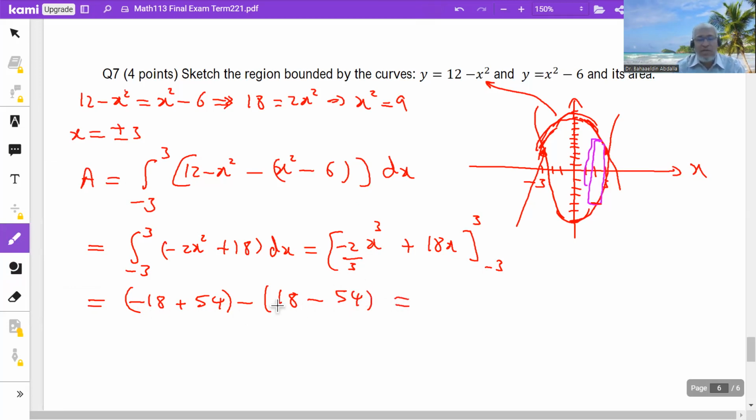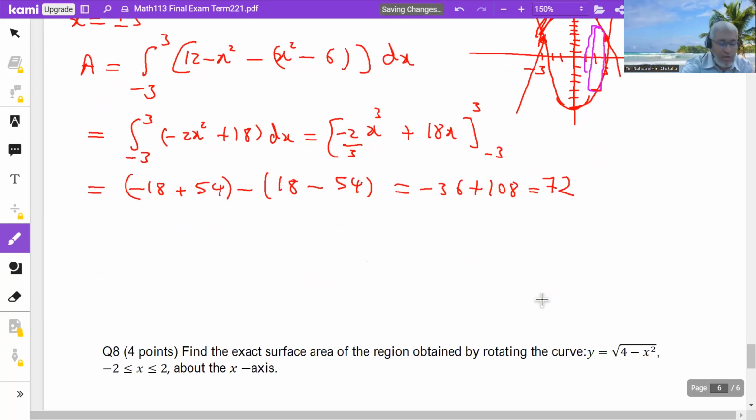So I'll have negative 18 minus 18, that's negative 36, and positive 54 plus 54, so I'll have 108, and the final answer would be 108 minus 36, which is 72. So that's the area between the two curves.